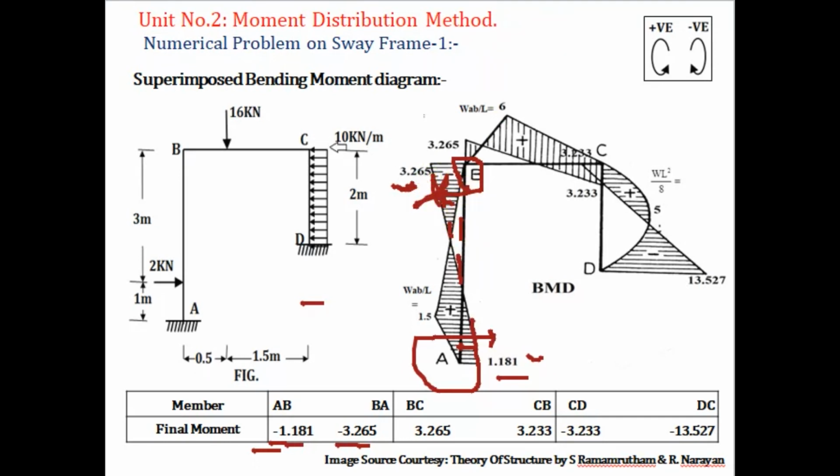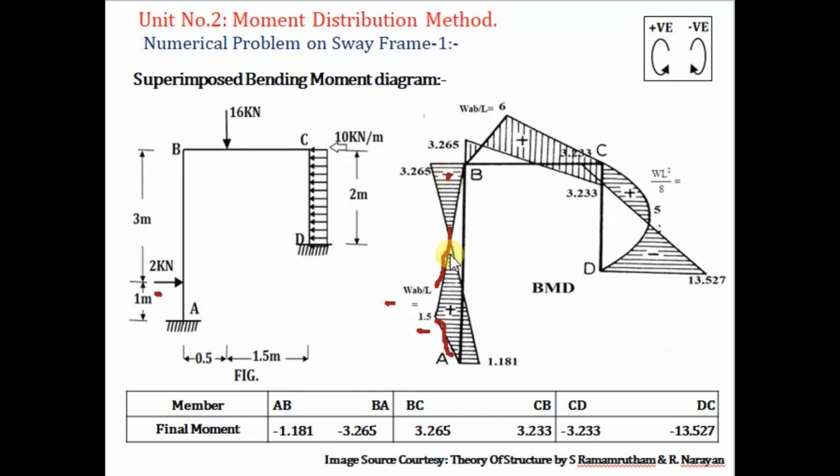Then draw the bending moment for your point load 2 kilonewton, and how to find out: WAB divided by L. W is 2 into 3 into 1 divided by 4, you will get 1.5 kilonewton meter, and that one is in a triangular fashion.